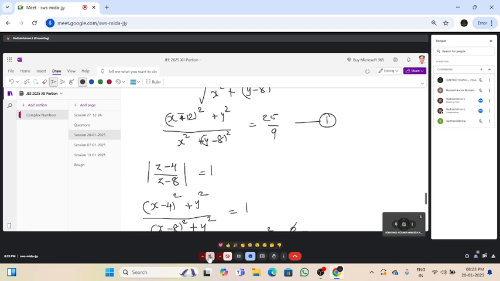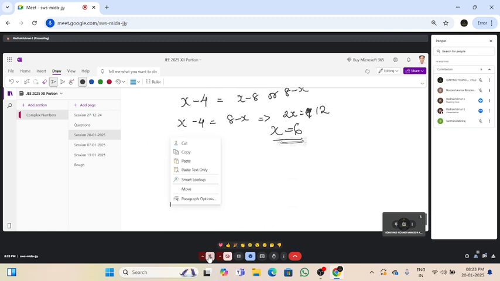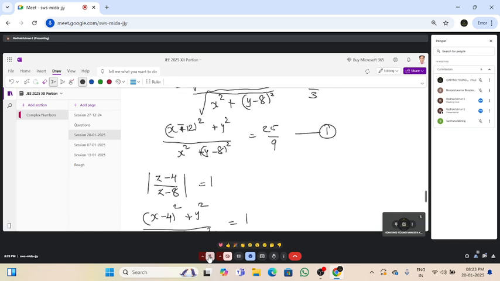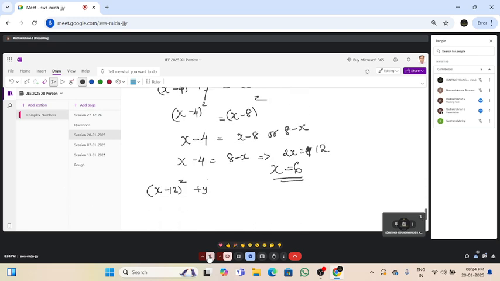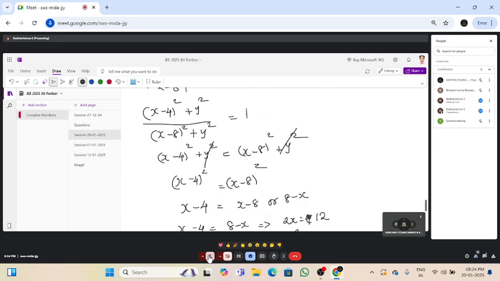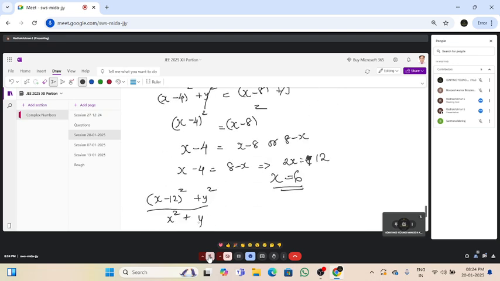I'll give you a couple of minutes. Just solve for Y and see what you get for Y. We'll write the equation here: (X minus 12) whole square plus Y square divided by X square plus (Y minus 8) whole square equal to 25 by 9.